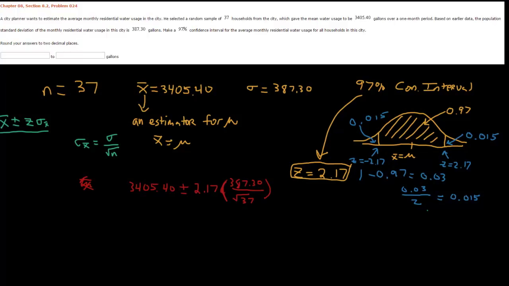I'm actually going to take a sec and type this in my calculator. Let's see, 3,405.4 plus 2.17 times 387.3 divided by the square root of 37. Make sure to use your calculator correctly and take into account order of operations, putting your parentheses in the right spots and everything.